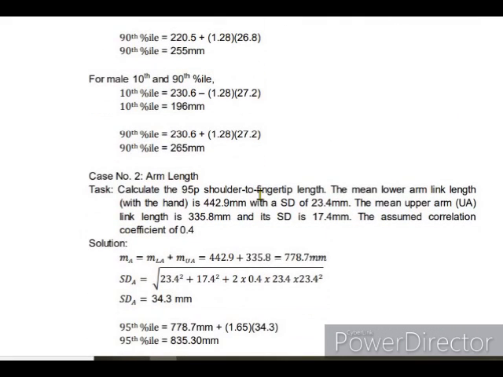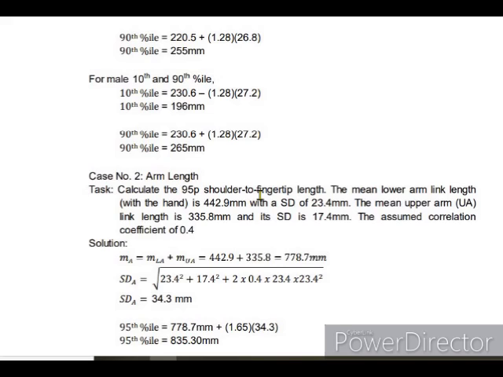So for male, 10th and the 90th percentile. So the 10th percentile, 230.6, it is the mean for male, minus, because it is the 10th percentile, the factor 1.28 multiplied by the standard deviation, 27.2. So the resulting 10th percentile for men is 196 millimeters.